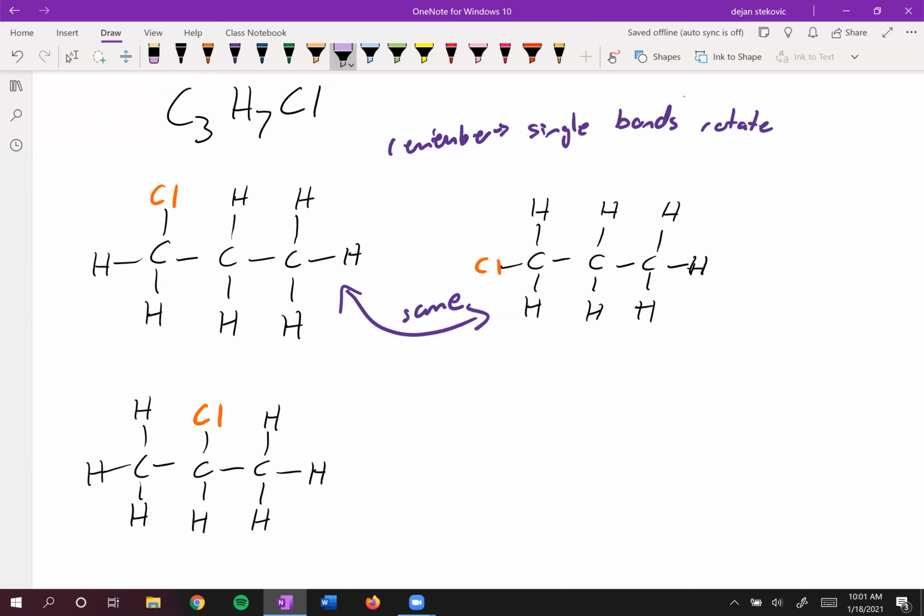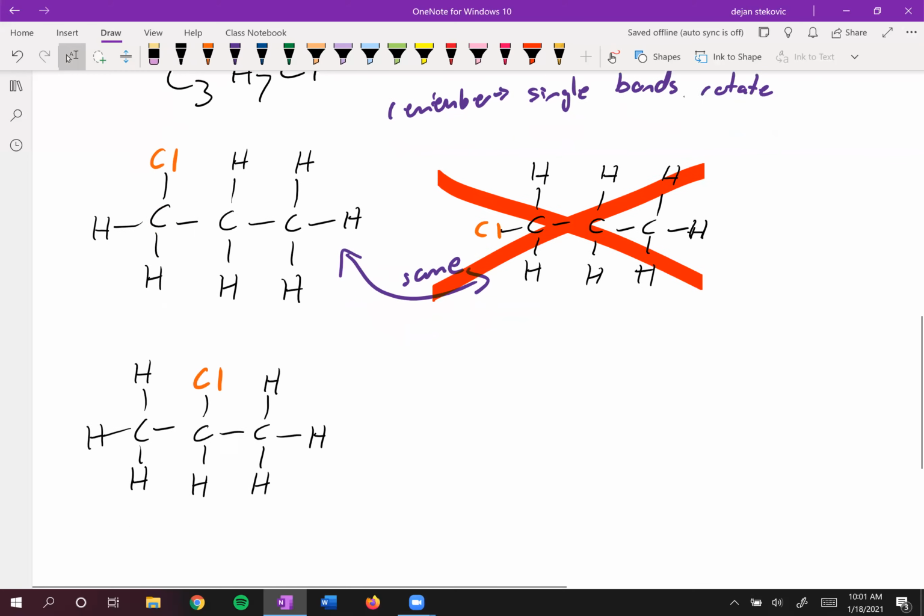They're the same exact molecule. All you did was rotate this bond, right? And so that's not a different compound. If you take your hand and you rotate a little bit, it's still your hand. And so these would not be two different constitutional isomers. There's only two different constitutional isomers you can draw here.